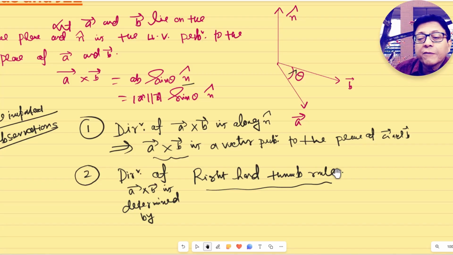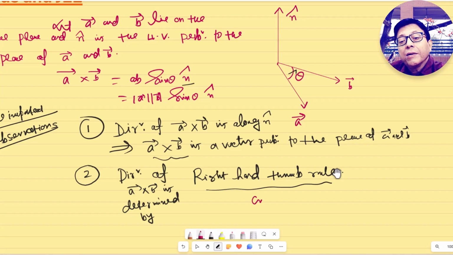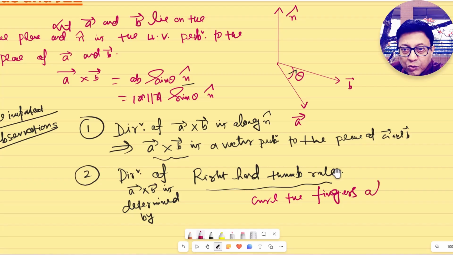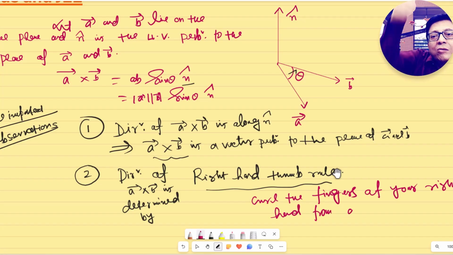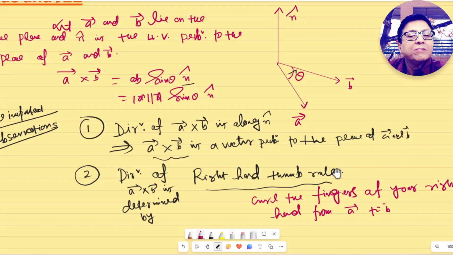If you curl the fingers of the right hand from vector A to vector B, then n cap will be along the direction of the thumb. Okay, so what you are doing? You curl the fingers of your right hand from vector A to B, then n cap will be along the direction of the thumb. This is the best way to remember the direction of A cross B.